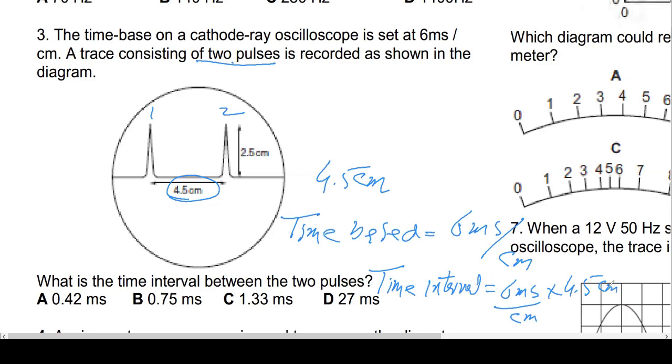Let's multiply: 4.5 times 6 is equal to 27. So it is 27 milliseconds. Is there any 27? Yes, there is. So this is my correct option. 27 milliseconds is the correct answer.